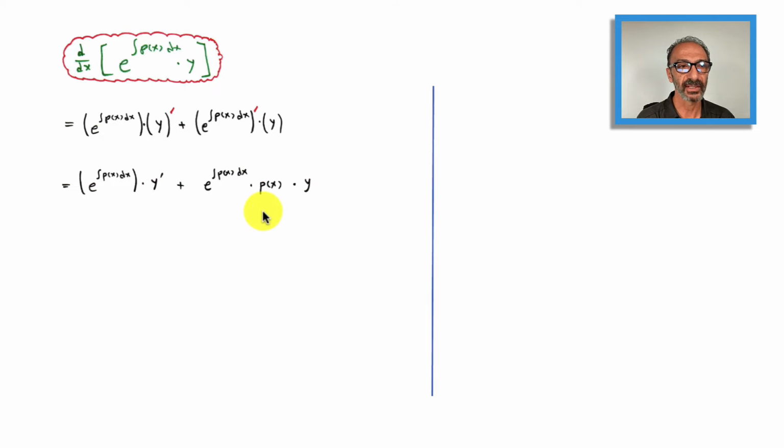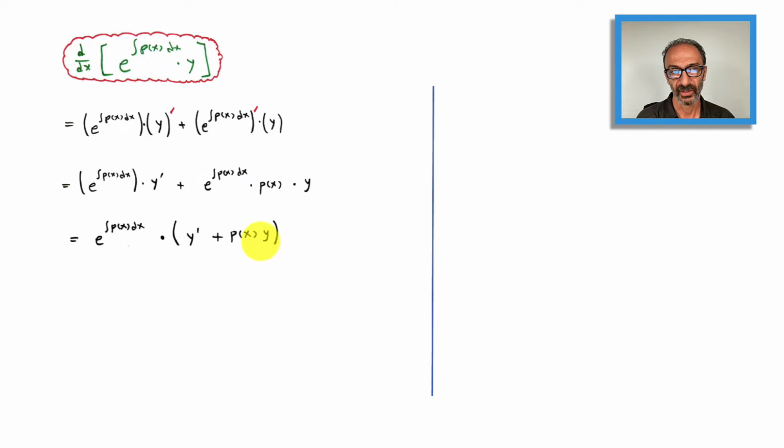But notice that we have this and this, kind of lengthy to say, but the integral factor is in both terms. So we're going to pull it out as a common factor. Now I pulled it out as a common factor. From the first term we get y prime, from the second term we get p of x times y.